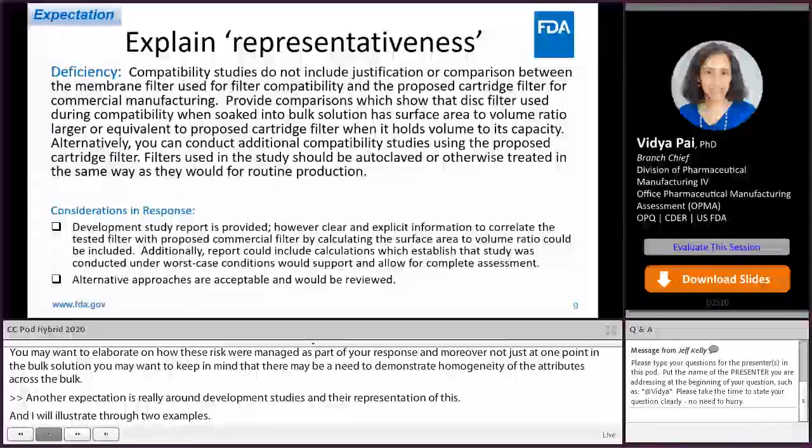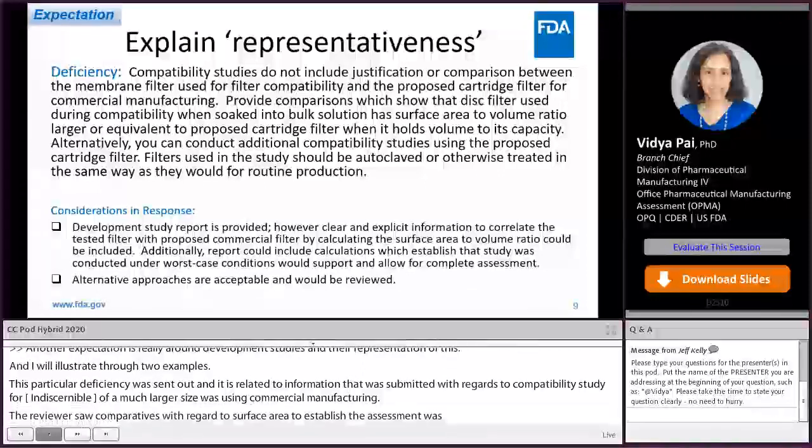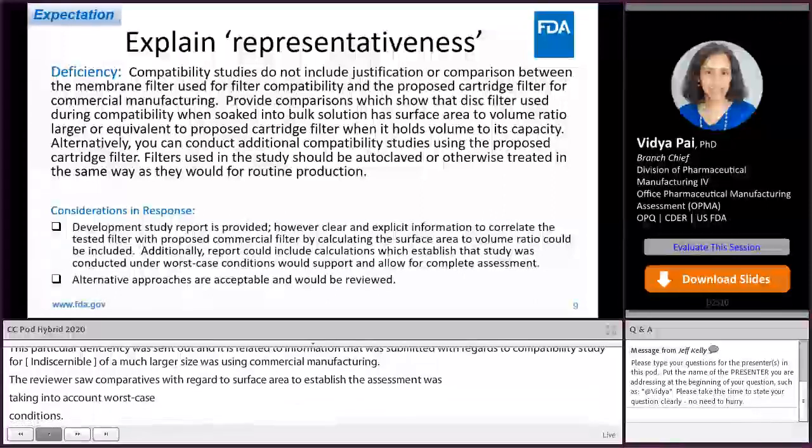The reviewer sought comparisons with regards to surface area to volume ratio to establish that the assessment was taking into account worst case conditions. So as part of your response, you may consider providing clear and explicit information to correlate the tested filter with the proposed filter by calculating surface area to volume ratios.